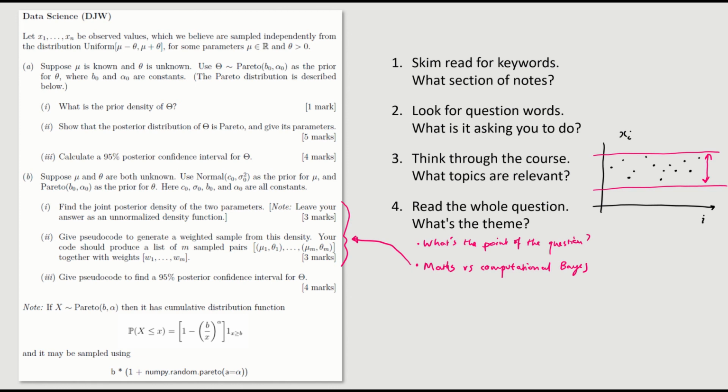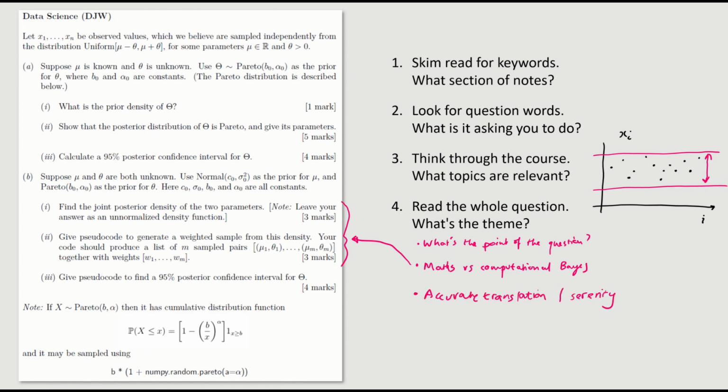In B part 2, we could actually get a useful thing, which we could then go on and use to find a confidence interval. So that could be another theme: the maths often doesn't get us as far as we want to go, so we've got computers instead. Just stick in a remark along those lines in your answer and the examiner will be delighted to see you've thought about it.